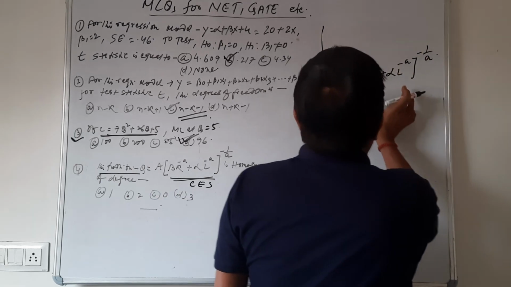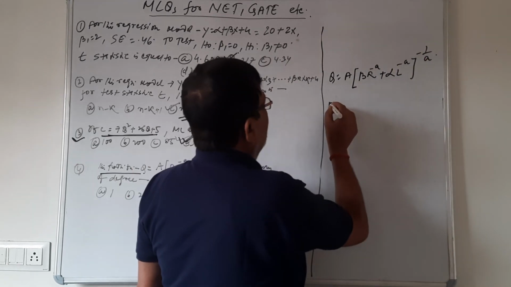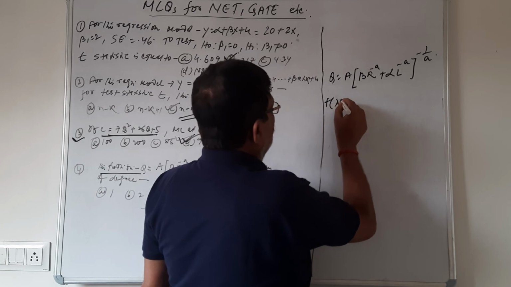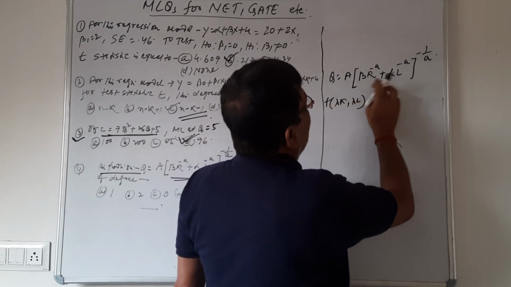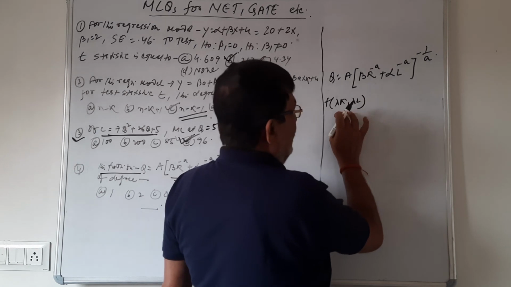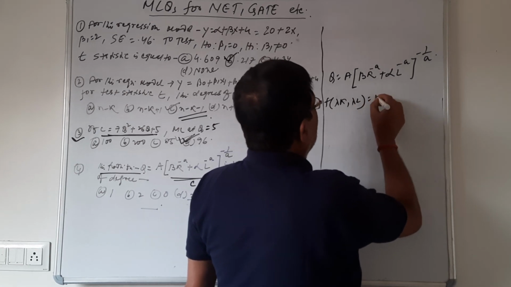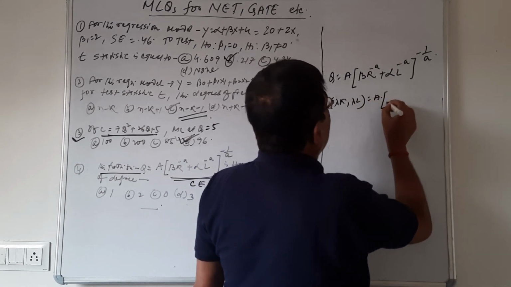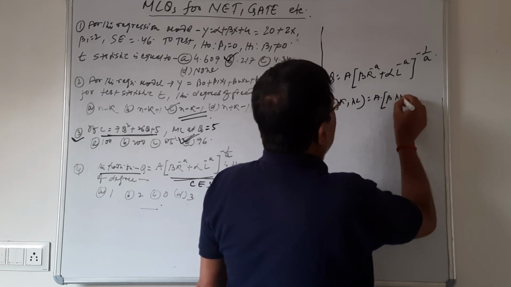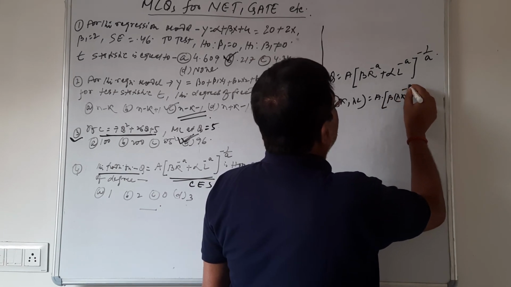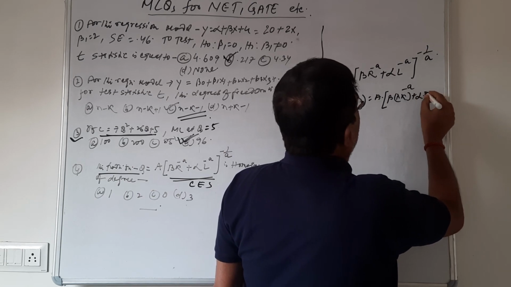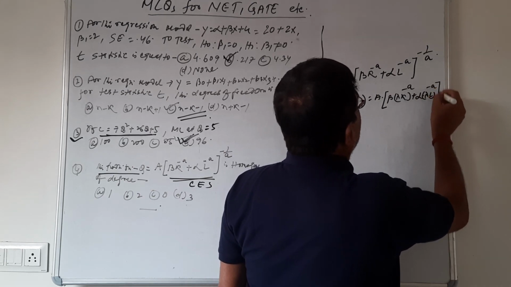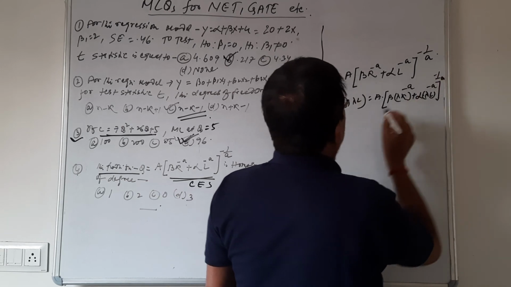For finding the degree of homogeneity, we multiply both k and L by any constant lambda. So A times beta lambda k to the power minus a plus alpha lambda L to the power minus a, raised to the power minus 1 by a.